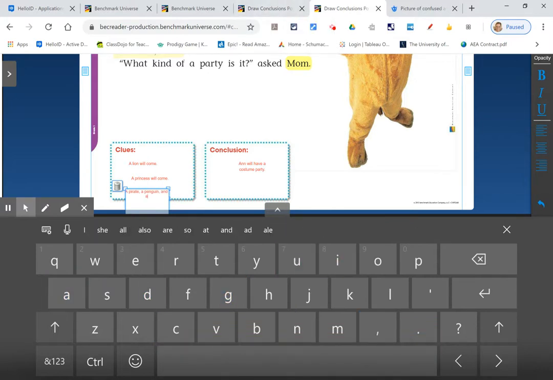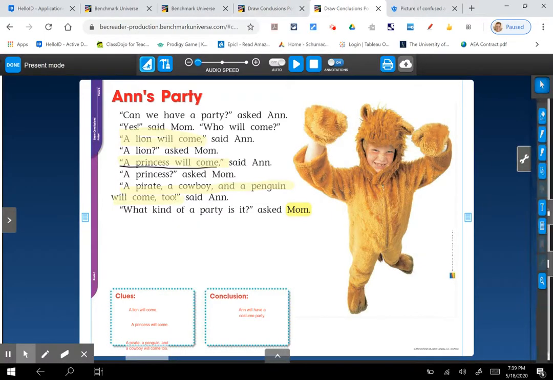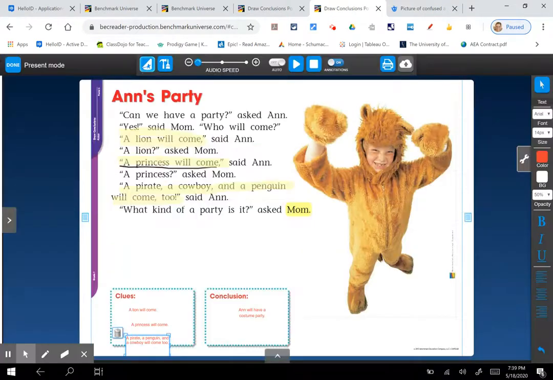Was it a cowboy? And a cowboy will come too. Okay, so all those clues help us to draw the conclusion that Anne's probably going to have a costume party.